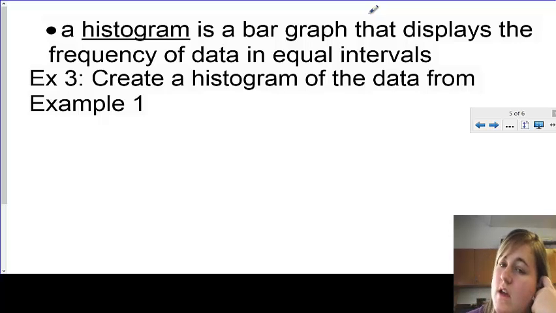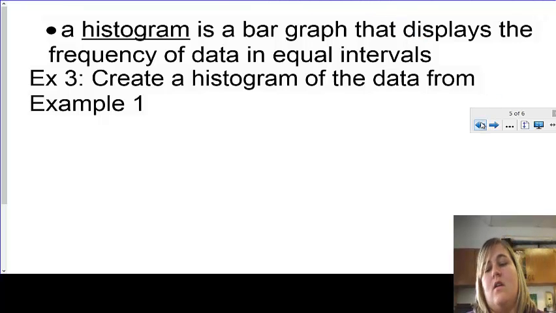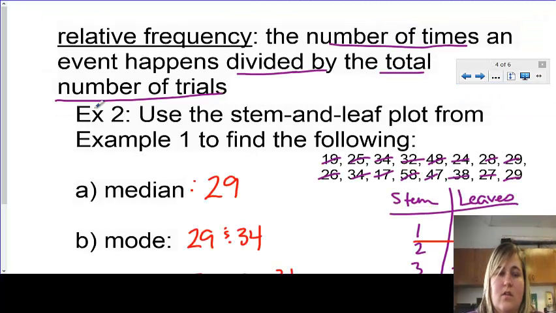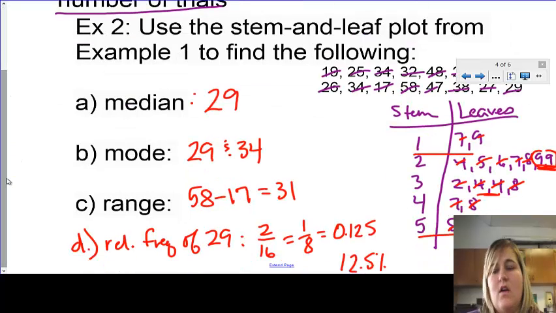So what we're going to do is we're going to take our frequencies here, which from 0 to 9, I don't have anything there. And then from 10 to 19 I have 2 things.